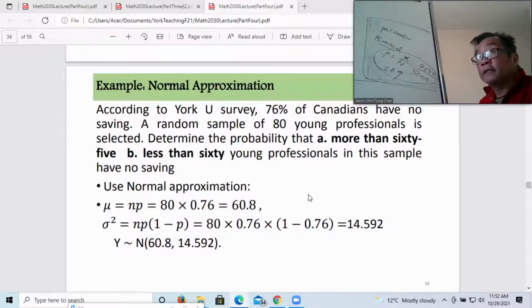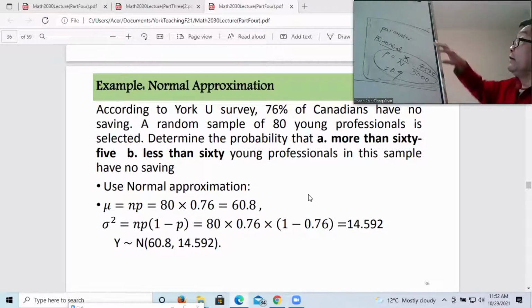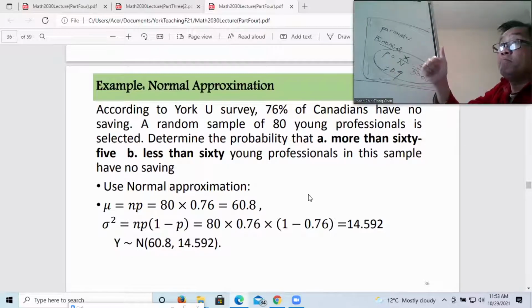So far, so good? So we need to know the mean and standard deviation. Why? Because the normal distribution has two parameters, mean and standard deviation, sometimes they call it variance, the same.